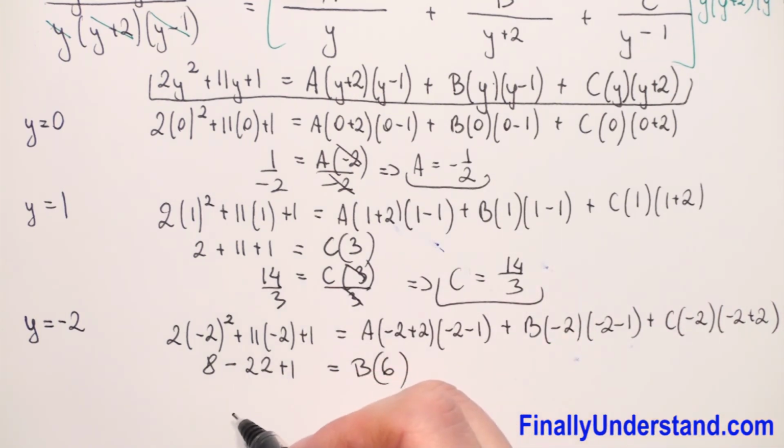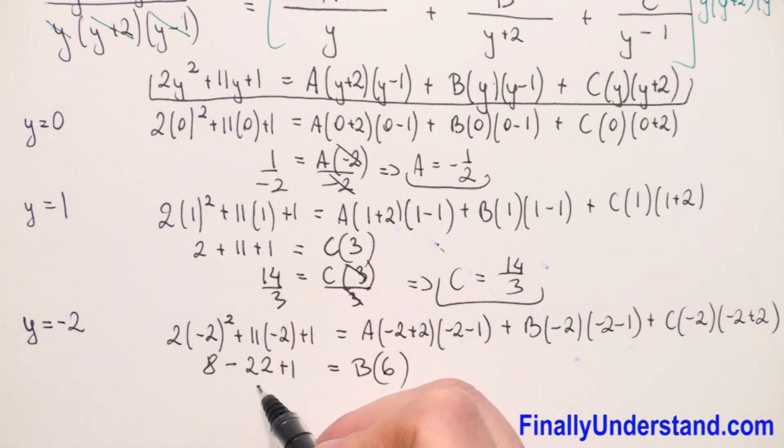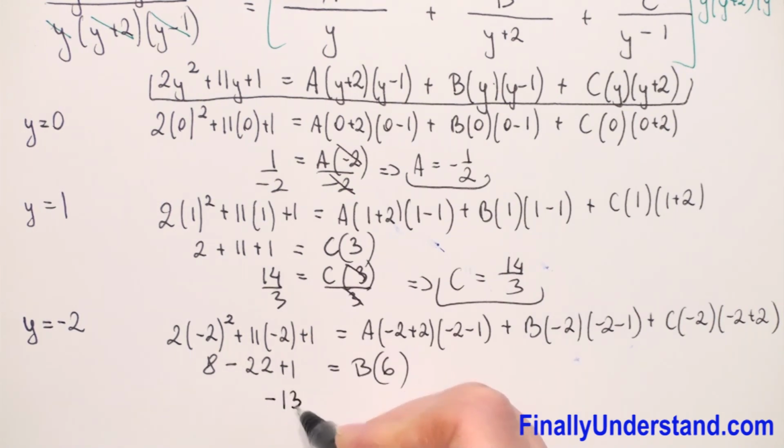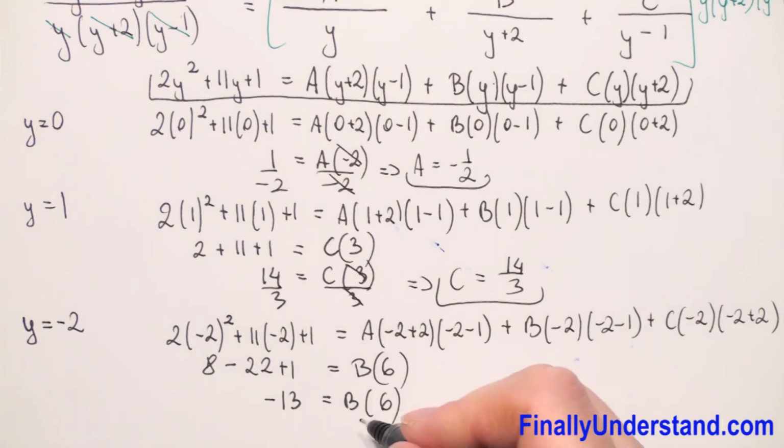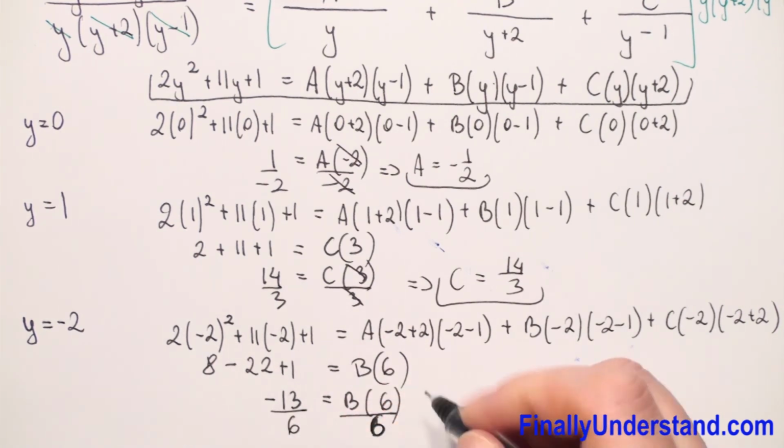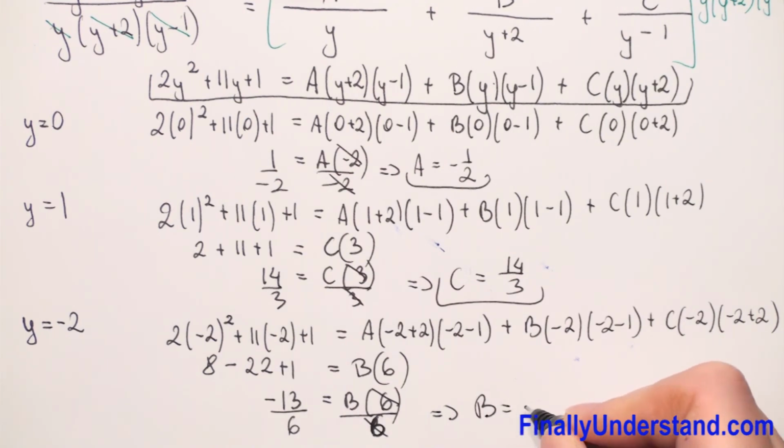On the left side we will have 8 minus 22 is negative 14 plus 1 is negative 13. This is equal b times 6. So now we will divide both sides by 6. So 6 and 6 we can reduce, and we have that b is equal negative 13 over 6.